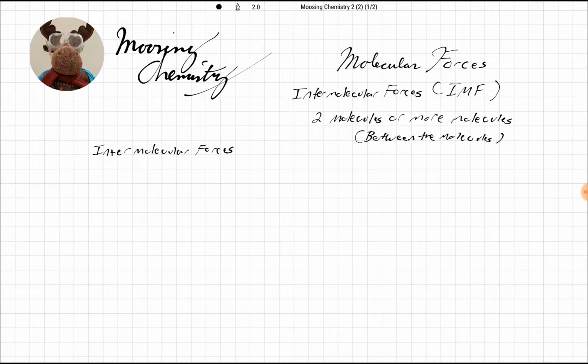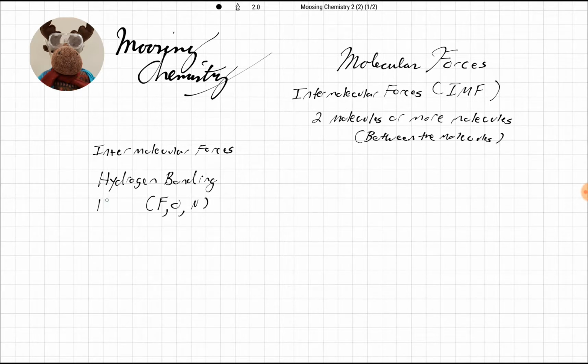Now, the first intermolecular force, I guess we could talk about, is the strongest one. The first one's called hydrogen bonding. All right. And so basically with hydrogen bonding, hydrogen can bond with three other elements: fluorine, oxygen, and nitrogen.